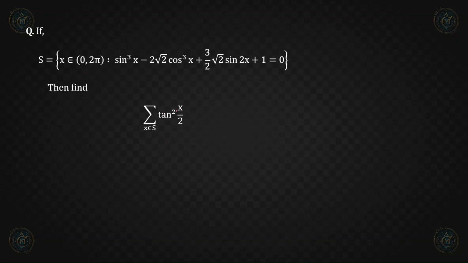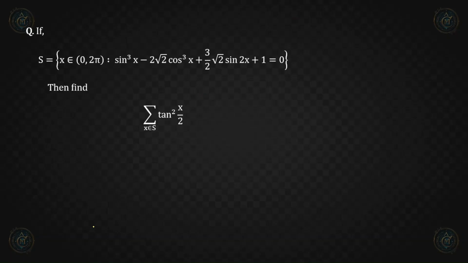Or maybe we can find an expression for tan x by 2, but this equation is a bit messy. We can see here this is power 3, this is power 3, right? So working with this equation becomes a little bit hectic, so we have to somehow simplify our calculations.